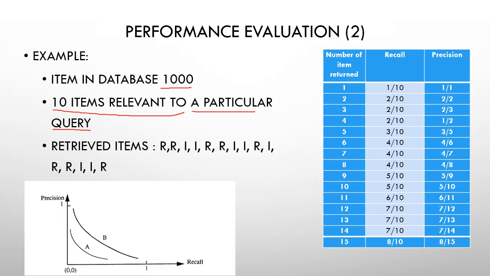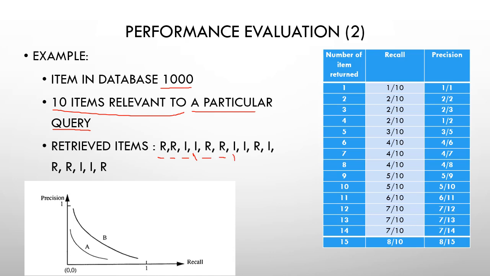Now, let's suppose that this is the sequence of the retrieved items. The first one is relevant. This is a human judgment. Document number 1 retrieved is relevant. Document number 2 also relevant. Document number 3, unfortunately, is not relevant. Document number 4 is also not relevant. Number 5 and 6 are relevant.